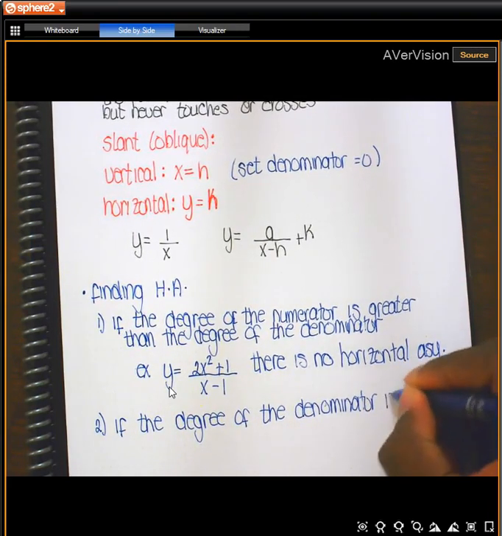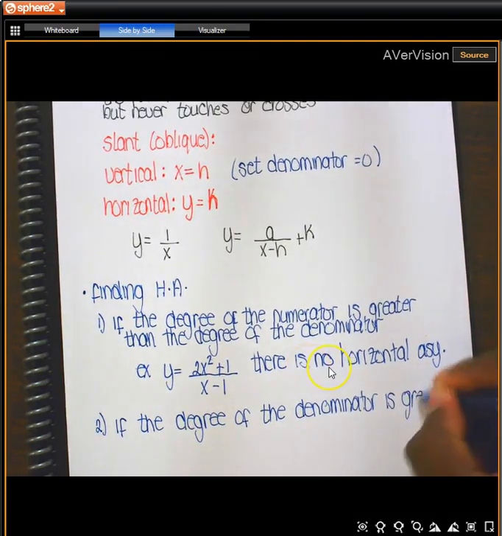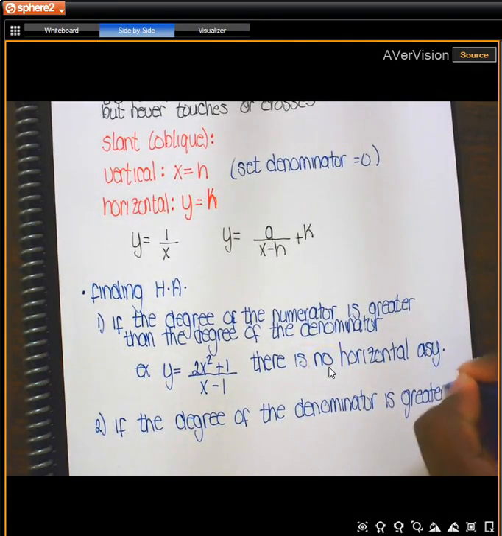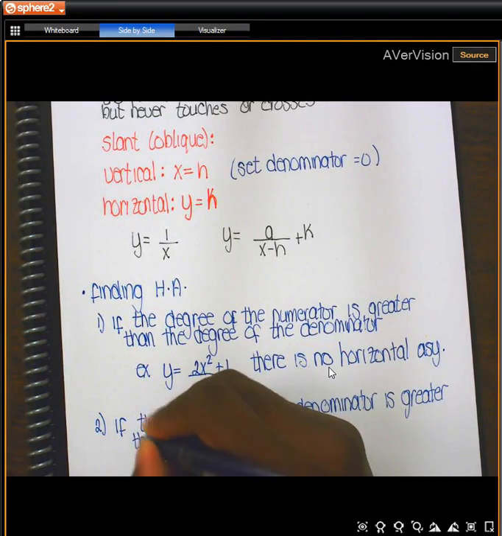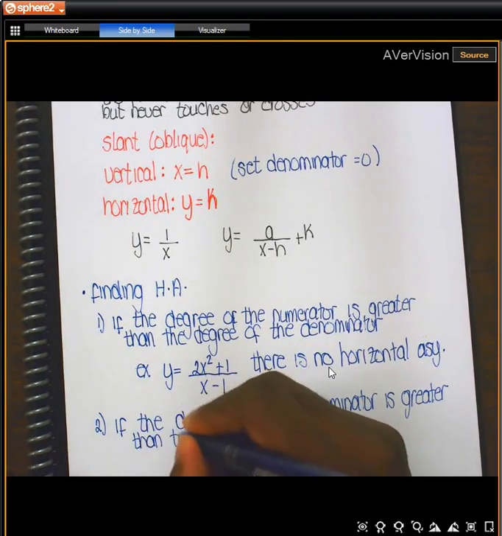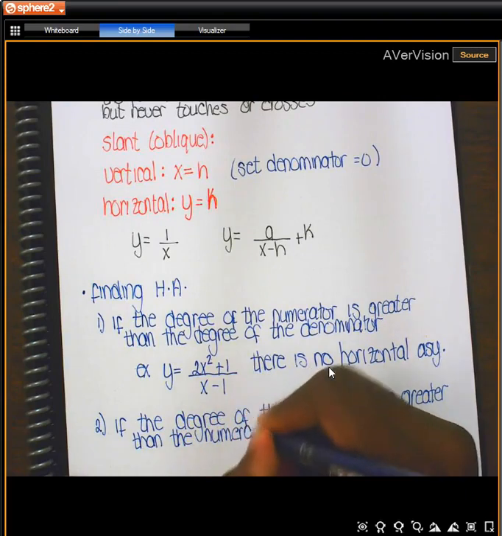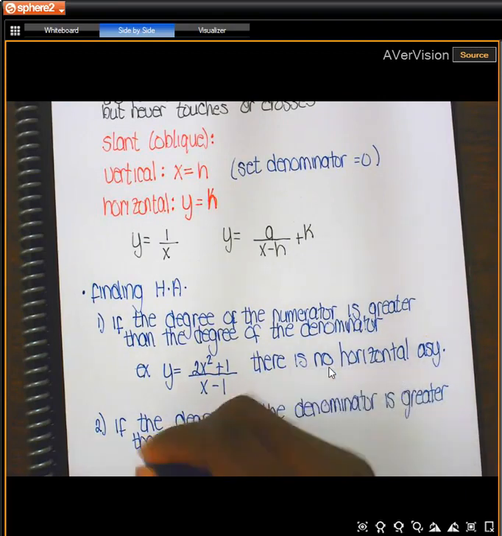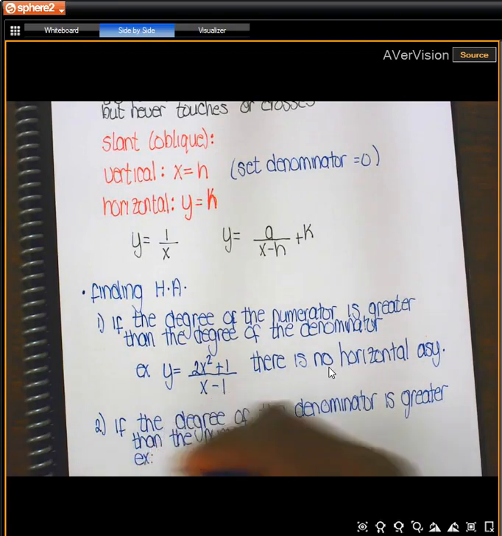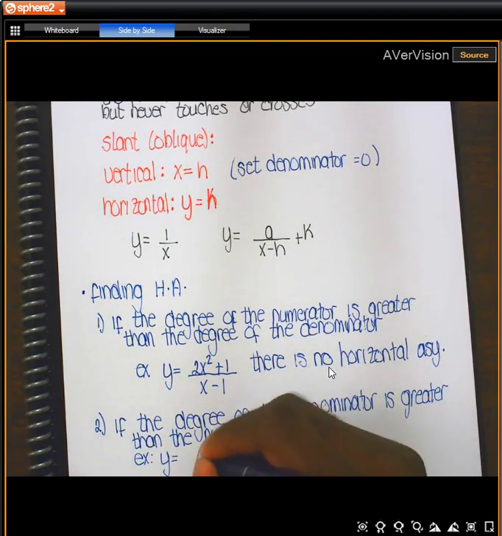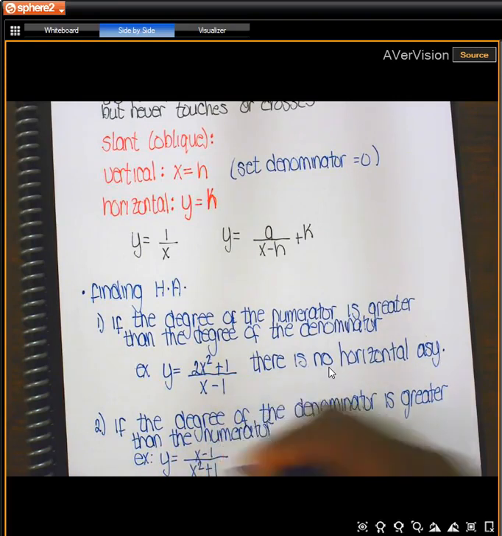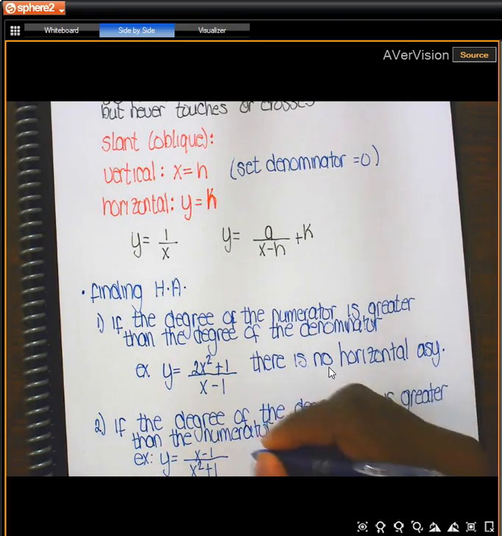So if the degree of the denominator is greater than the numerator, for example, we have y equal to x minus 1 divided by x squared plus 1. Do you know what the horizontal asymptote is?